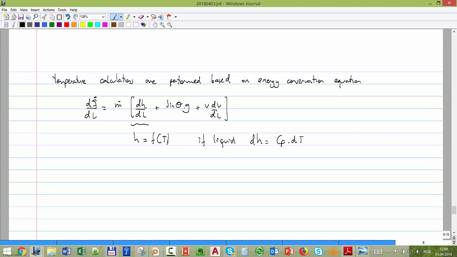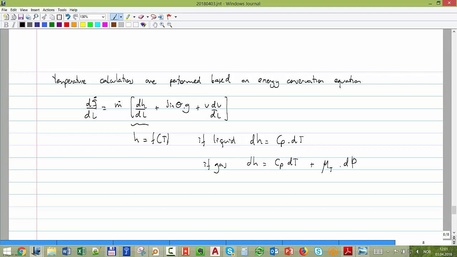But if it's gas, then dH equals Cp dT plus the Joule-Thomson coefficient times dP.